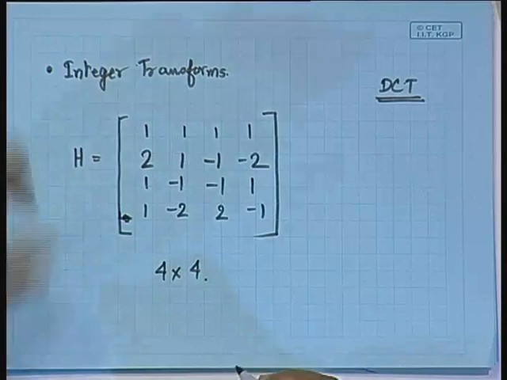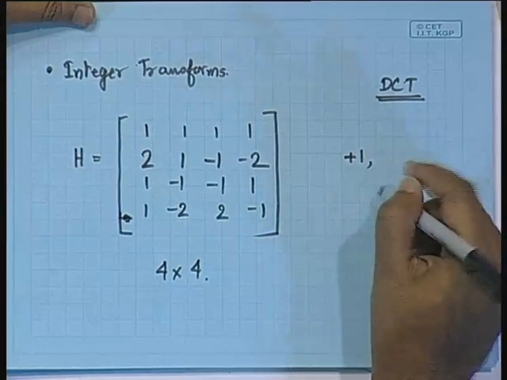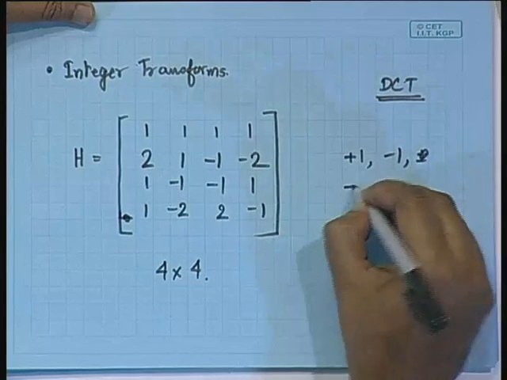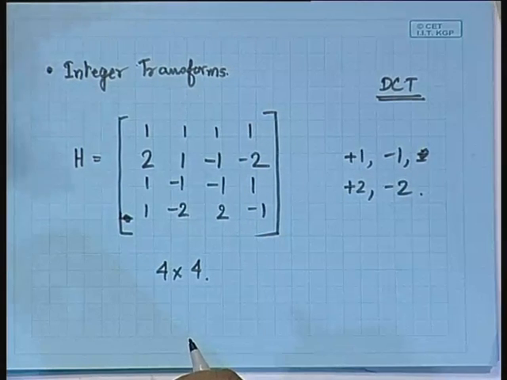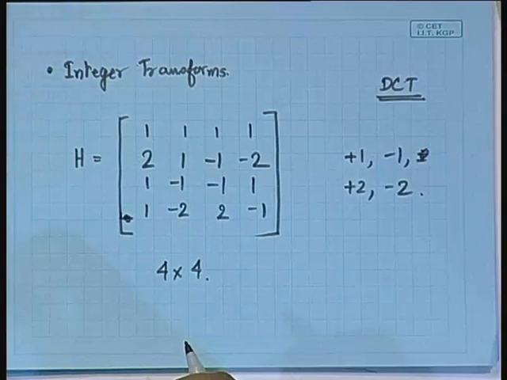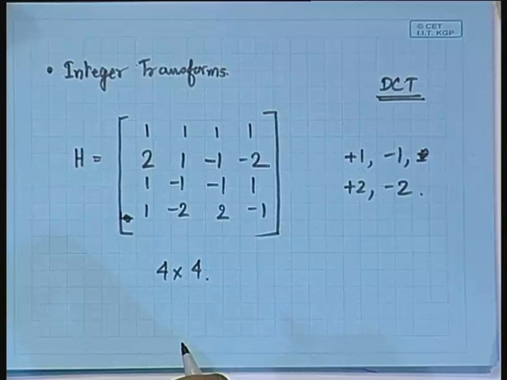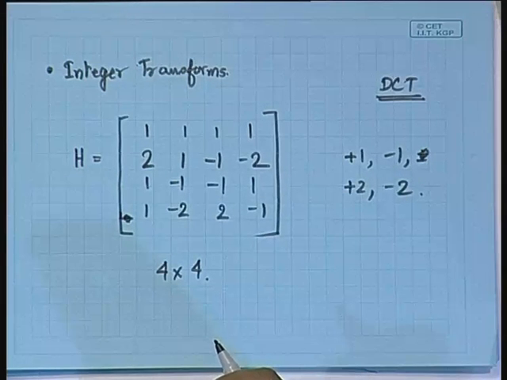Now, what do you observe in these elements? The elements are either +1 or -1 or +2 or -2. So, the elements can assume only these 4 values. What is the advantage? The advantage is in the hardware implementation. Multiplication by +1 is a trivial multiplication; whatever value is there, you are retaining the same value.